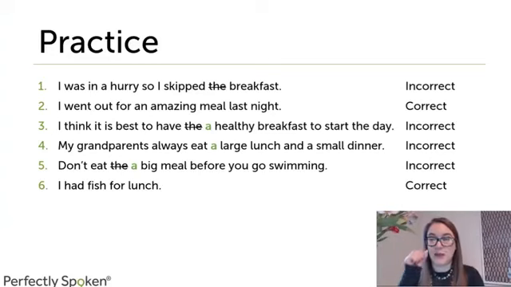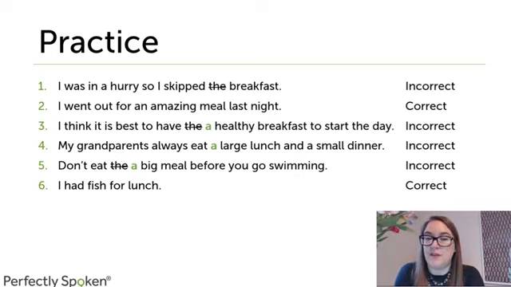Okay, let's check together. So sentence number 1 is incorrect. You don't need an article before breakfast. I was in a hurry, so I skipped breakfast. Number 2 is correct. You've got the adjective amazing, so you need the indefinite article an. I went out for an amazing meal last night. Number 3 is incorrect because we've put the definite article instead of the indefinite.